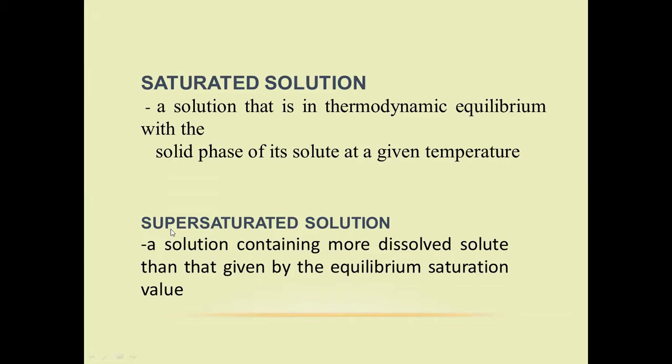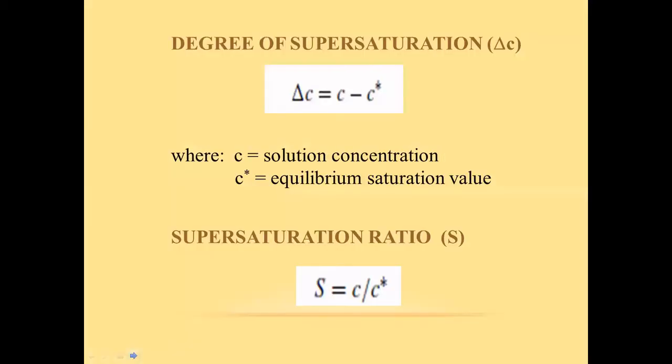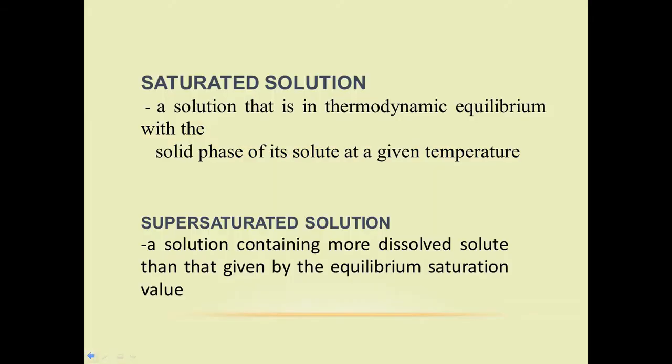So then your solution is referred to as a supersaturated solution. It has more solute than it can carry at saturated condition. Saturation is when your solution has already reached the maximum solute concentration. We go beyond that, it's supersaturated.